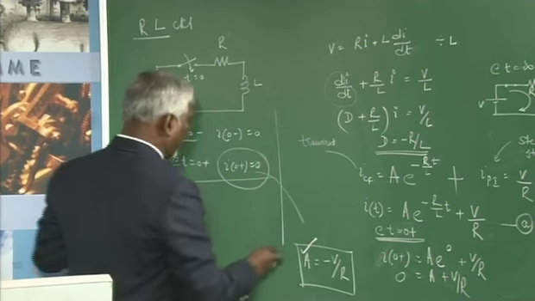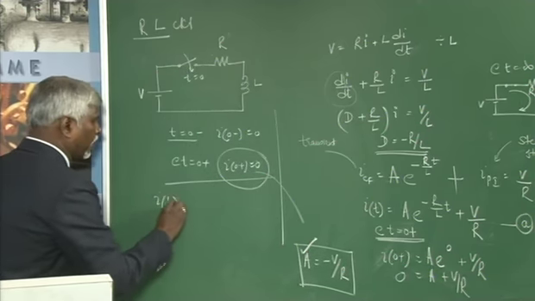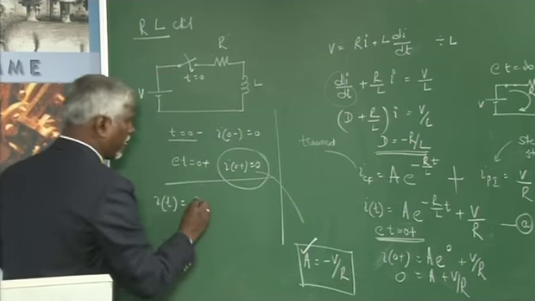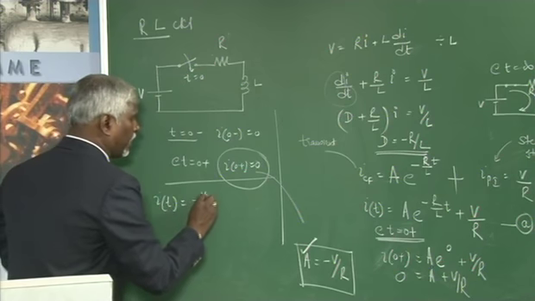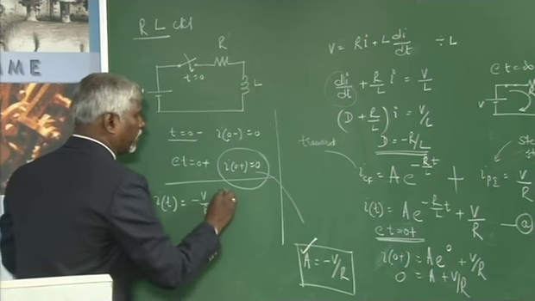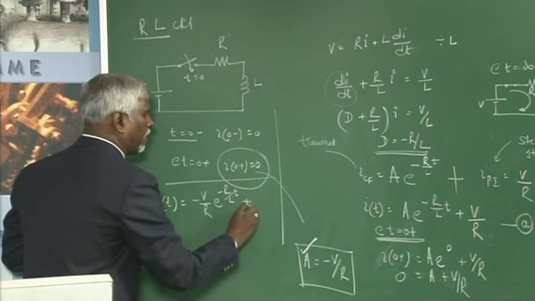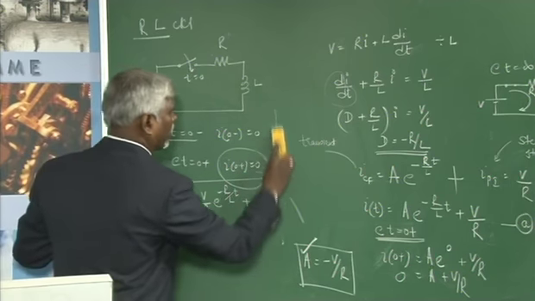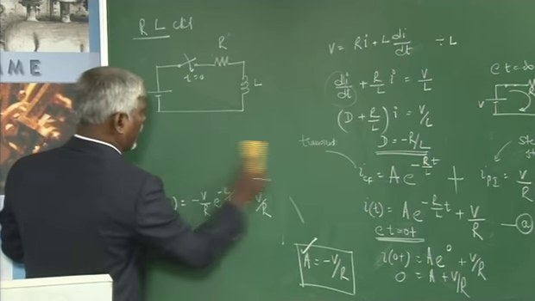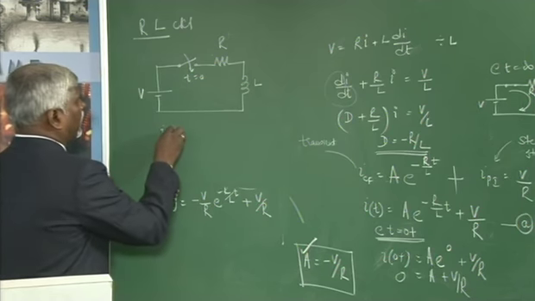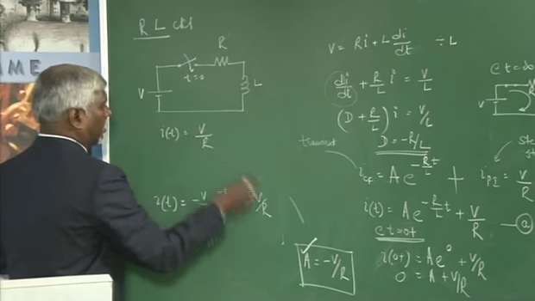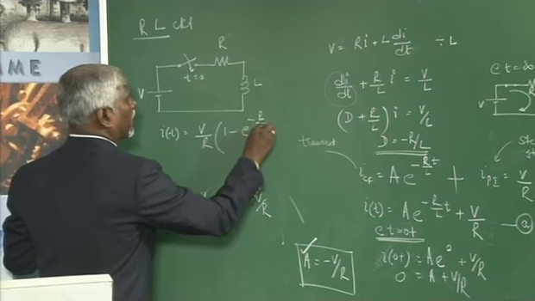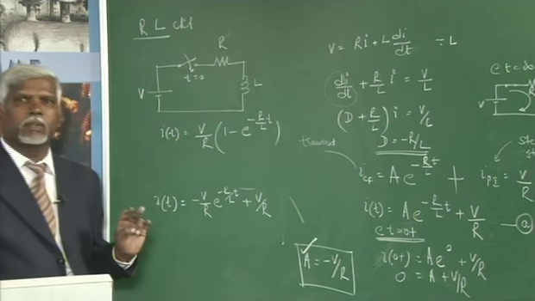So an expression for current I of t equal to, A is minus V by R, it is minus V by R e to the power of minus R by L into t plus V by R. I can rearrange this and say, I of t equal to V by R into 1 minus e to the power of minus R by L into t, with respect to time.